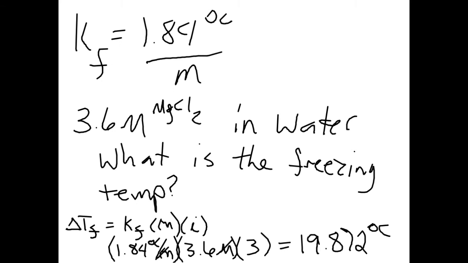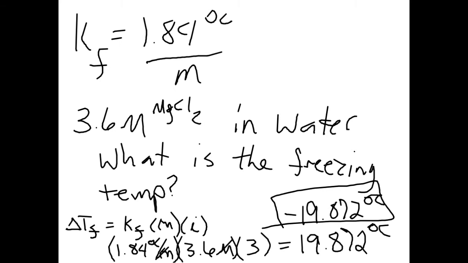The change in the freezing temperature, or the change in temperature. So the answer is minus 19.872 degrees Celsius is the freezing temperature. How do I know? Because I started at 0, right? And it changed by 19.872 degrees Celsius. It goes down by that much. So my new freezing temperature is negative 19.872 degrees Celsius.